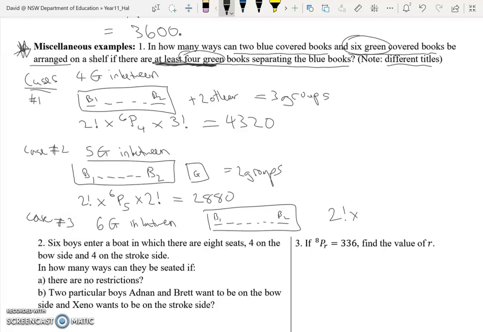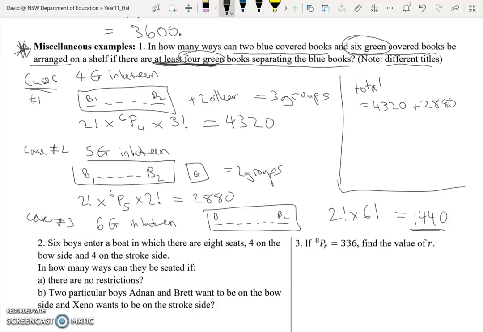So that's going to be 6P6 or 6 factorial, and that's 1440 ways. So I'll finish it up here. The total amount of ways is 4320 plus the second case, 2880, plus 1440.